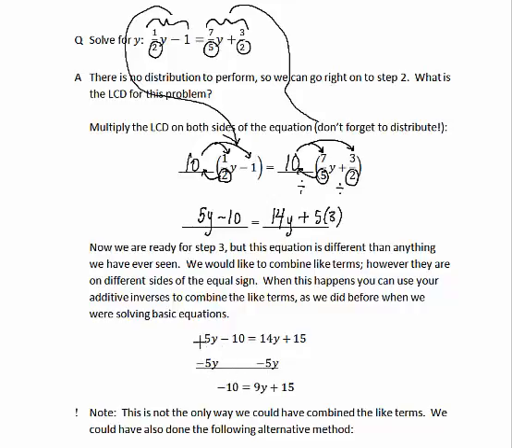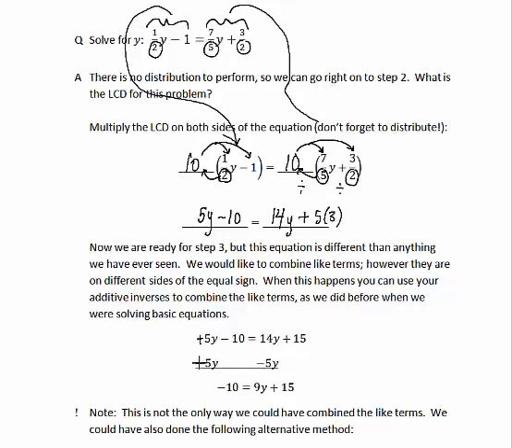So if you look in front of the y on the left side, you would interpret it as a plus 5y. So in order to combine it with the 14y on the opposite side, we would change the sign. And you only change the sign if you're combining it with something on the opposite side of the equal sign. Otherwise, we would keep the same sign and combine like terms the way we usually would.